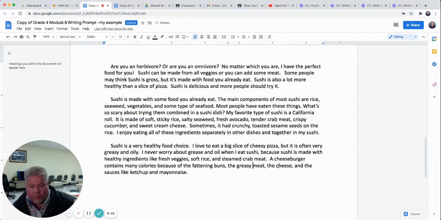A cheeseburger contains many calories because of the fattening buns, the greasy meat, the processed cheese, and unhealthy sauces. I hate to say melted cheese because that sounds pretty good to me. People think processed food is really bad. Now that makes a cheeseburger sound bad, doesn't it?